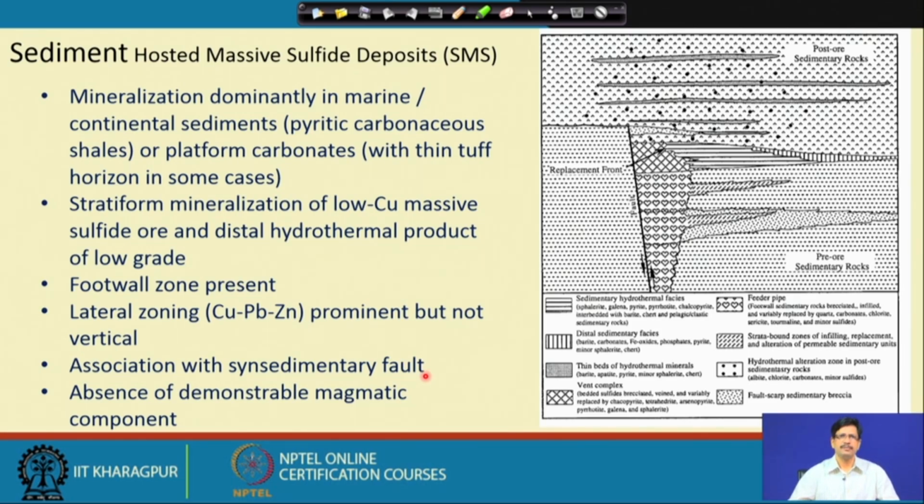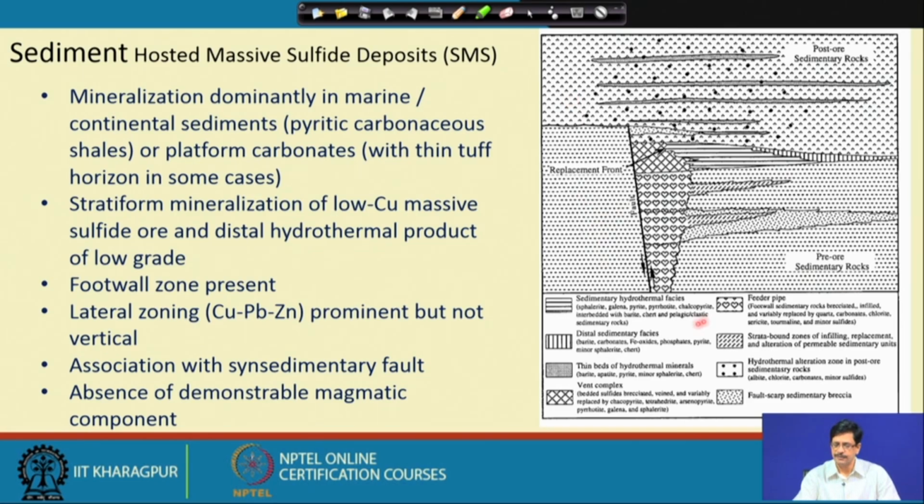The mineralization is dominantly in marine or continental sediments, pyritic carbonaceous shale or platform carbonates, sometimes with the presence of a tuffaceous horizon. They are essentially stratiform in nature, as could be seen from this diagram, a typical idealized morphology like the one we showed for VMS.